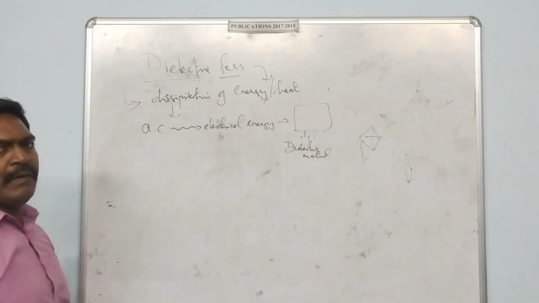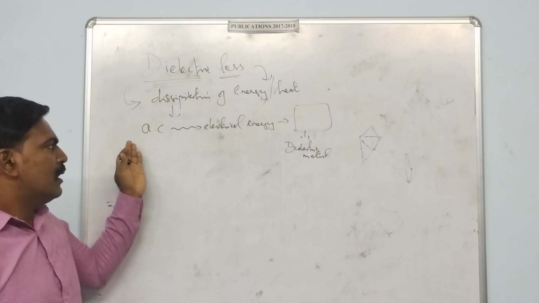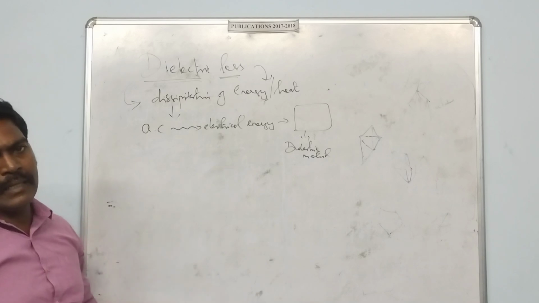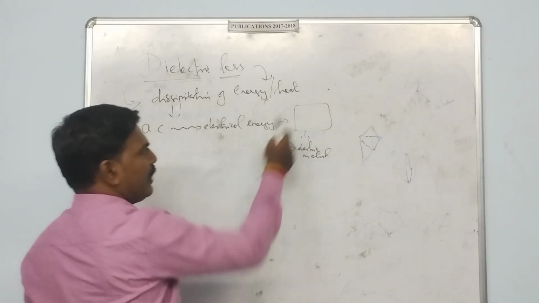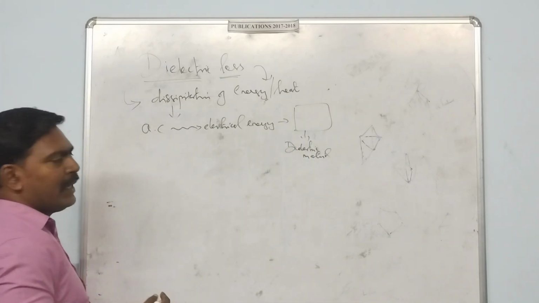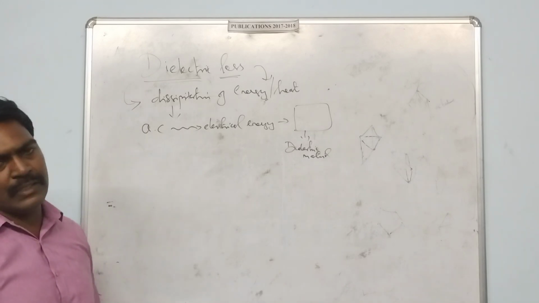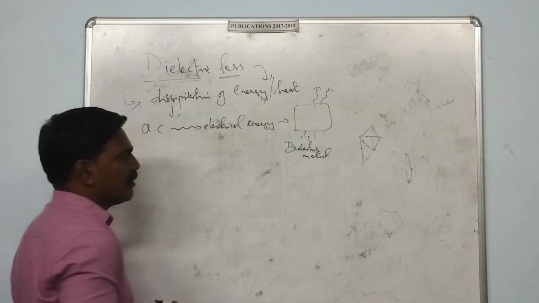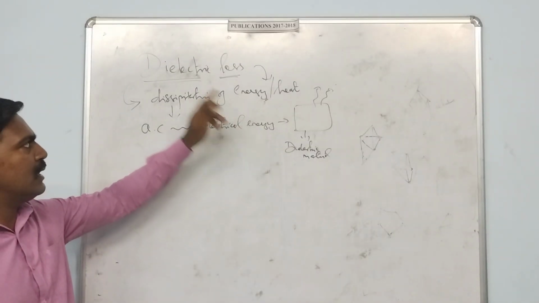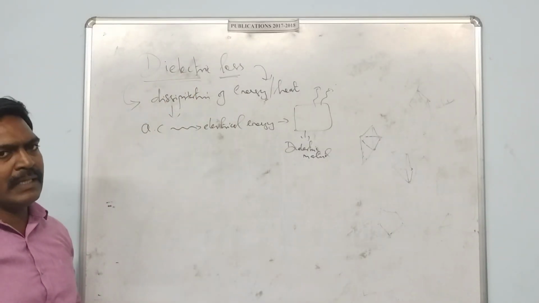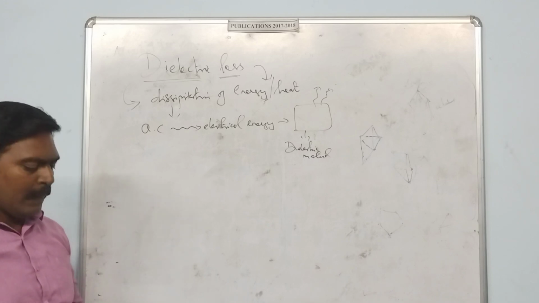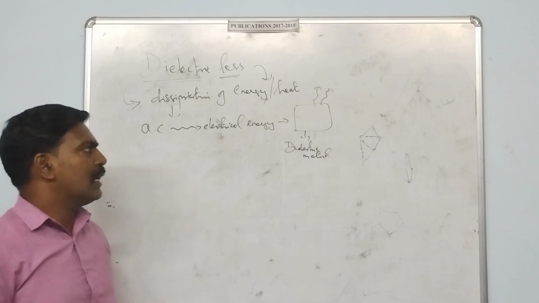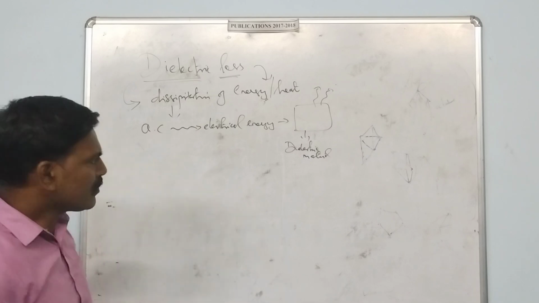In this situation, when we pass AC current or electrical energy to the dielectric material, there is a consumption of energy in the dielectric material, and it becomes dissipated in the form of heat. We call it dielectric loss.